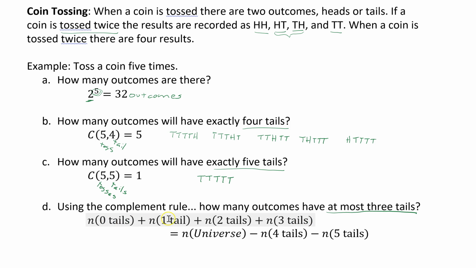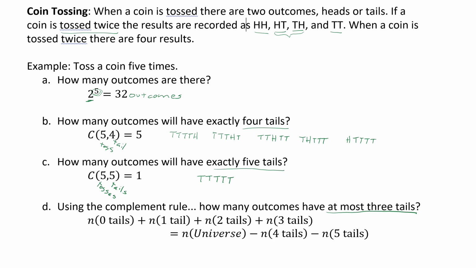You can see that that would require 4 different calculations. So another way to do this is to look at the opposite of having at most 3 tails, and that would be having 4 tails or 5 tails. The opposite of at most 3 tails is to have more than that, 4 tails or 5 tails. And then subtract those answers from the universe.